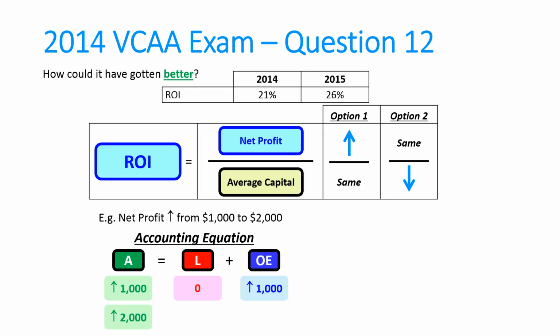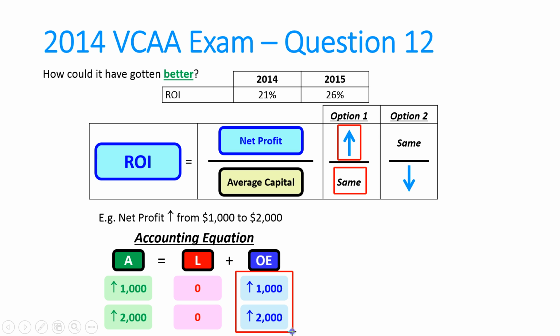And then what about if that's gone up from 1,000 to 2,000? Well, what I need to happen is I need for net profit to go up, and that's happened. But I also need for owner's equity or capital to stay the same. So that can't happen. If I make a bigger net profit, that would actually make my capital go up. So option one's not possible here.